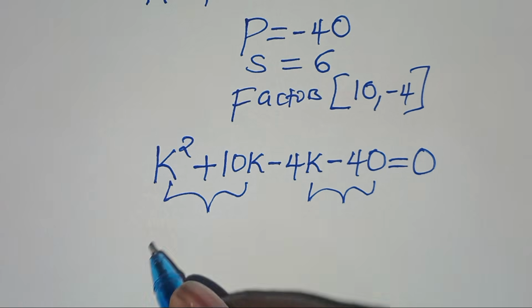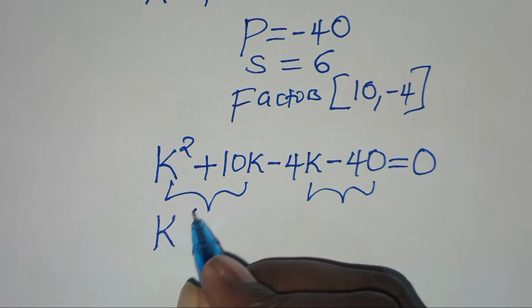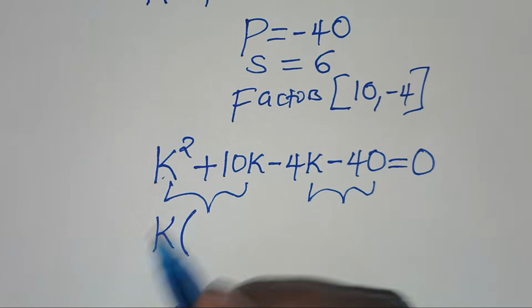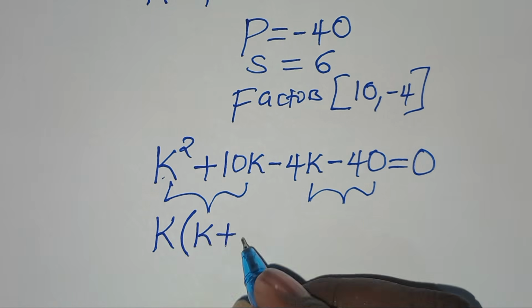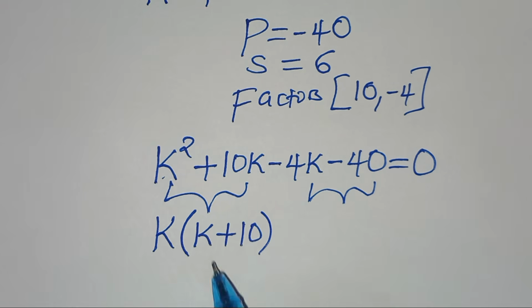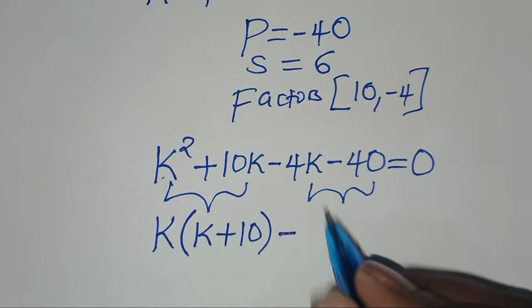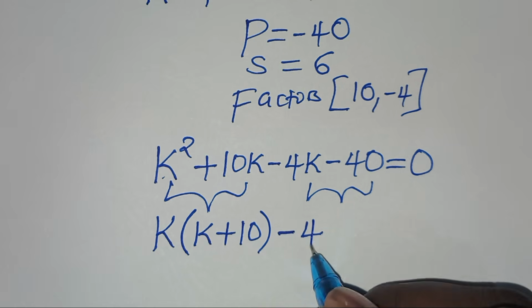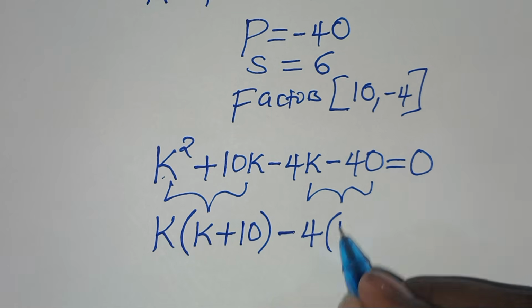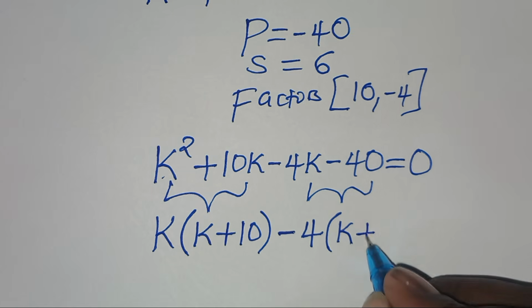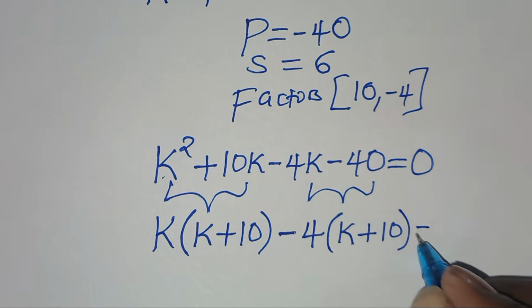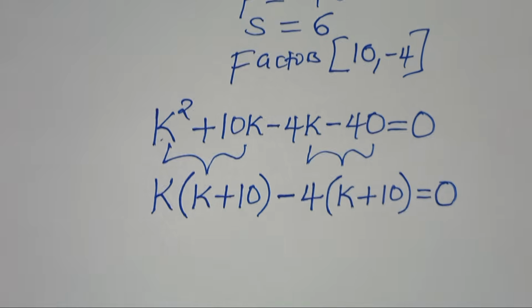From the first part, k is common, so we factor out k, so that k squared divided by k is k, then plus 10k divided by k is 10. So we have k plus 10. Then subtract 4 is common. Let's factor out negative 4, so that here we have k, and negative 40 divided by negative 4 is plus 10. Close the parenthesis. This is equal to 0.